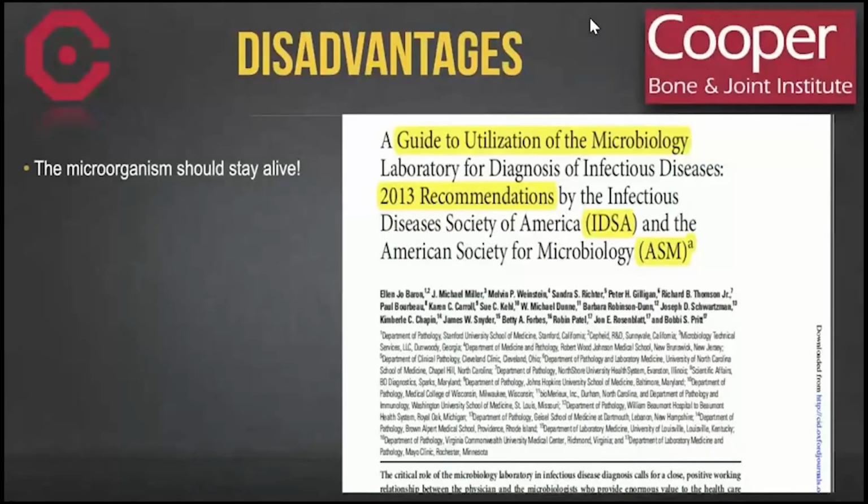In order to unify the way the cultures are made and processed, and kind of synchronize all the labs, the Infectious Disease Society of America and American Society for Microbiology came up with a set of guidelines. The main idea is that for cultures, you need to have a live microorganism so that it can grow.